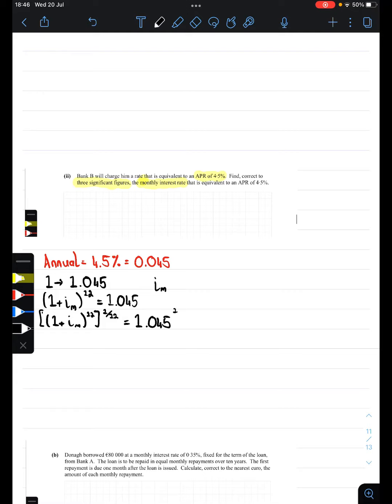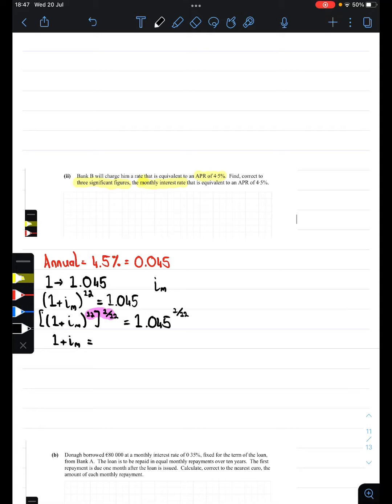These two indices cancel, if you remember our rules of indices. So now we've got 1 plus IM is 1.045 to the 1/12.